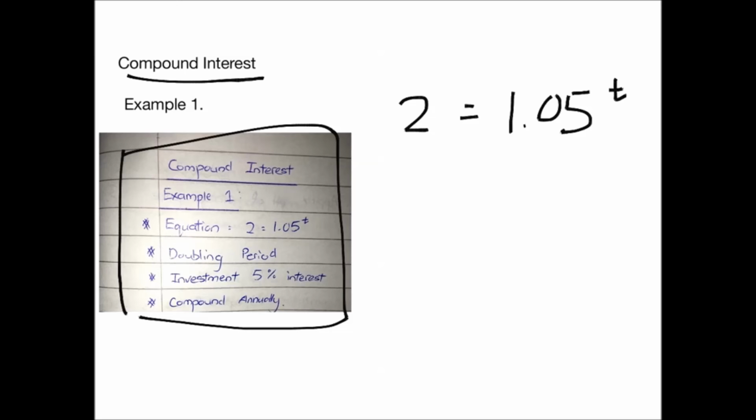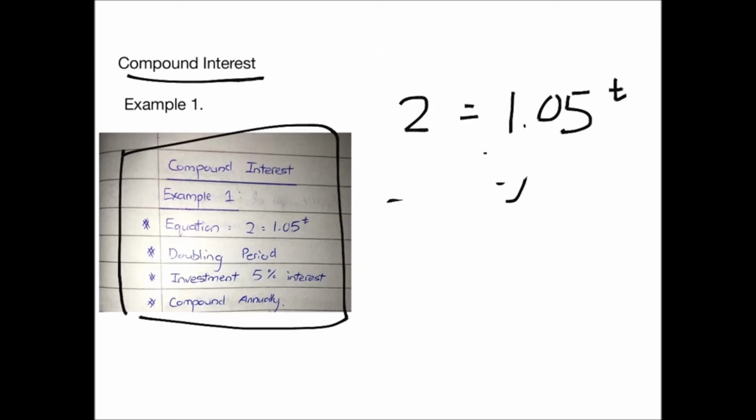So what we're going to do is, don't forget it's still the log chapter, so you always have to remember to put log in front. So log 2, and whenever we put log in front, we have to put log at the back as well.